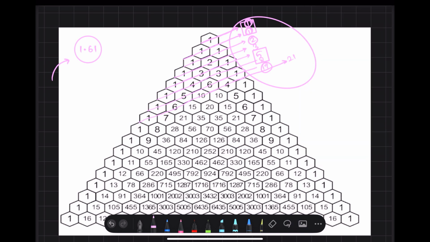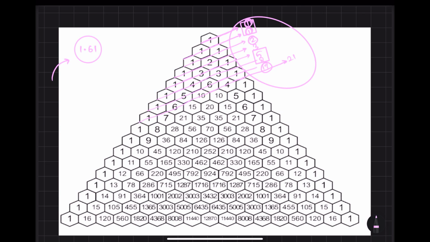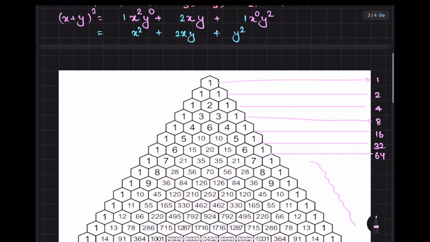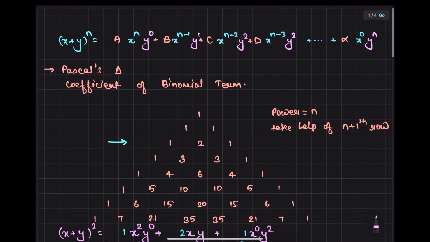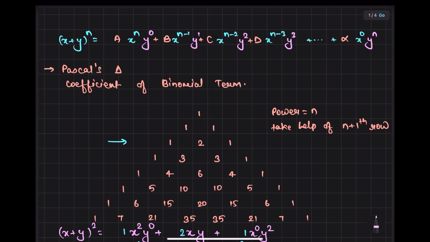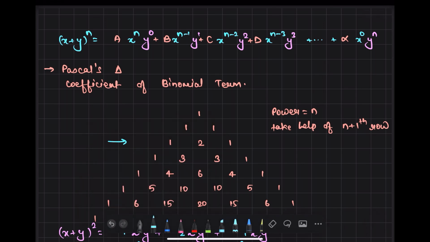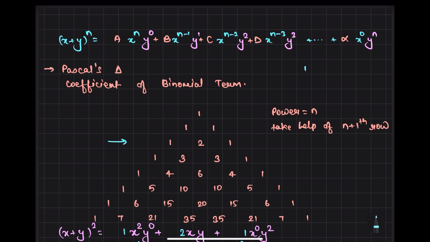I hope you got a little bit of respect towards this Pascal triangle and this scientist. The scientist Pascal patented this triangle in his name in 1300. We are in 2025, so in 1300 he patented this in his name.